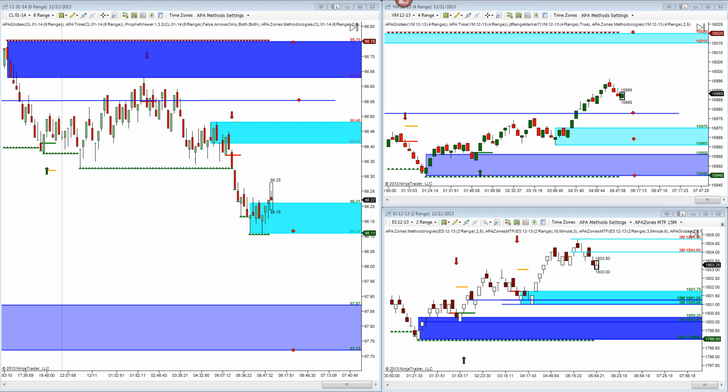Alright, so let's see what we have here at the open. We failed that. We just double bottomed on this zone down here where the Globex low is, so I'm interested to see what the retest of some of these previous highs looks like.